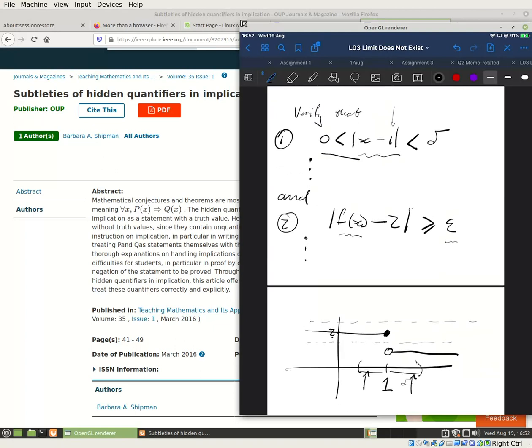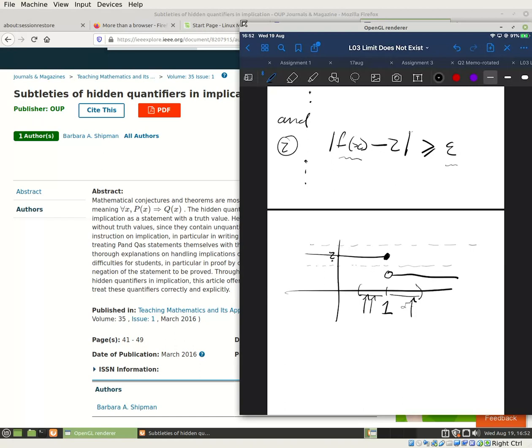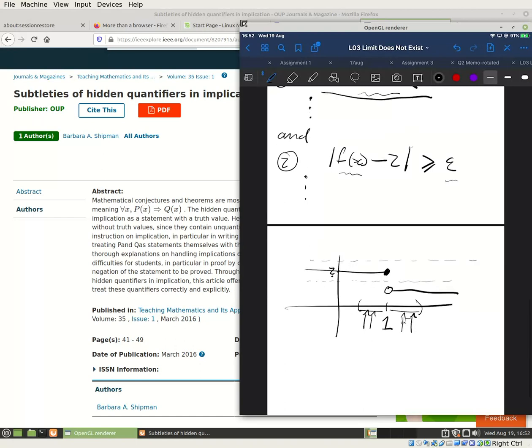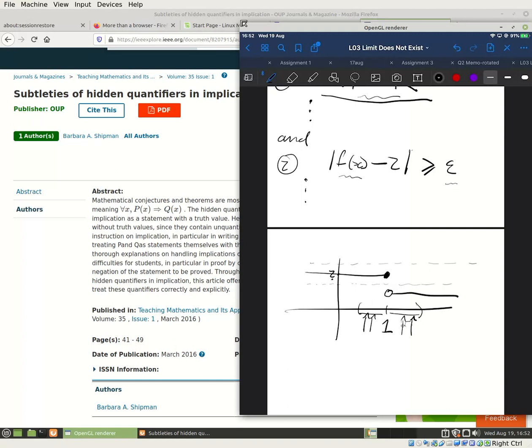So if x satisfies that inequality, it means it lies somewhere in this interval, but for which the function value is further than an epsilon distance from 2.